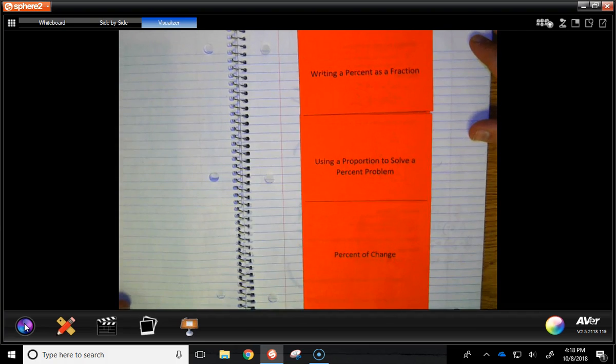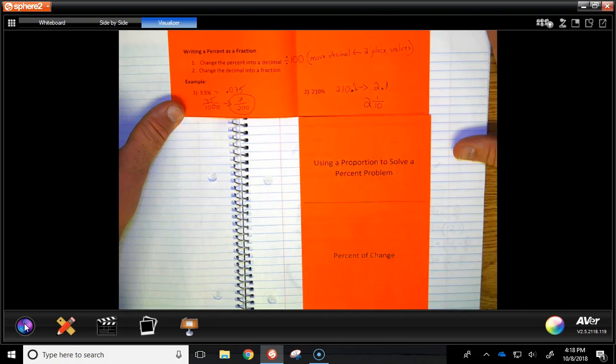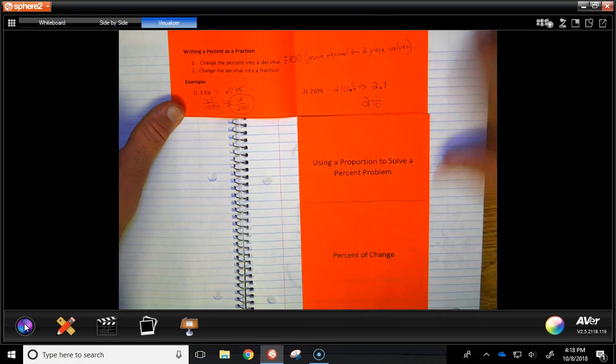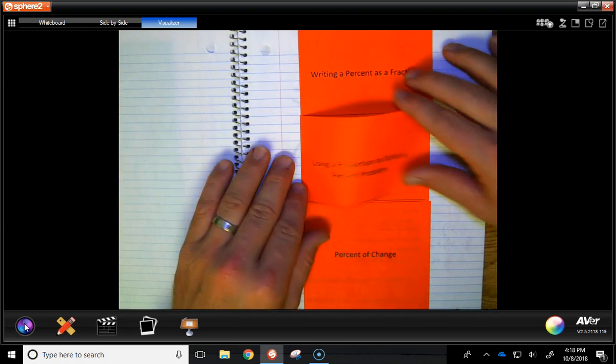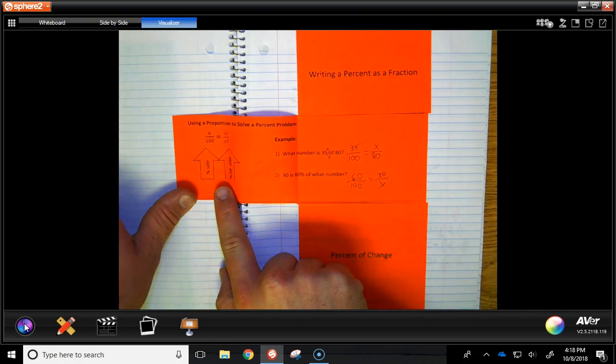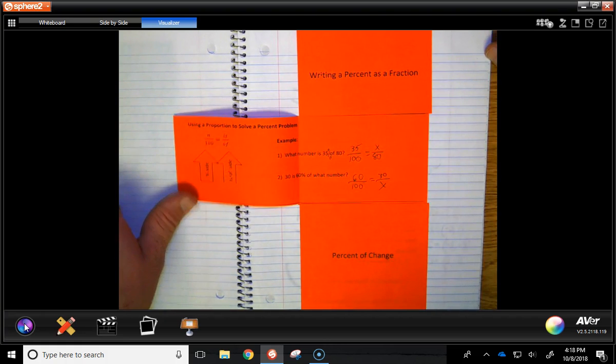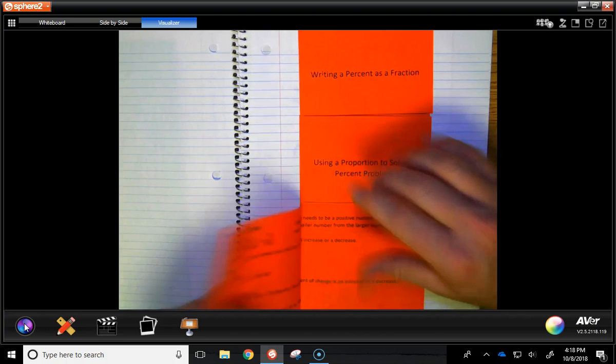Should have this page, writing a percent as a fraction. There's our notes. Using a proportion to solve a percent problem. Make sure we understand this in our examples. And percent of change.